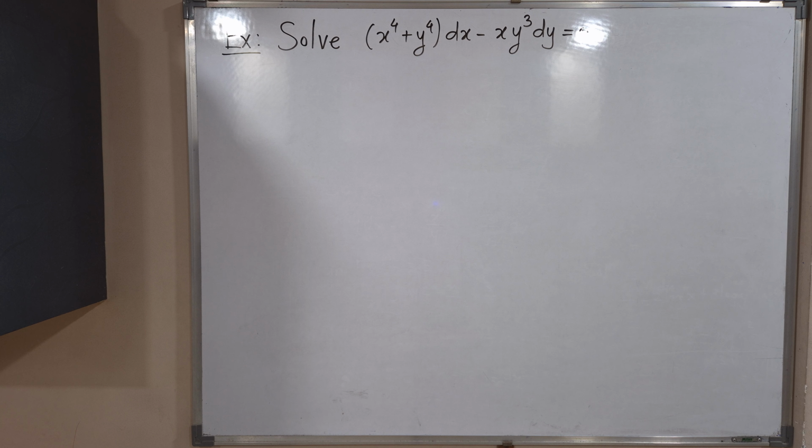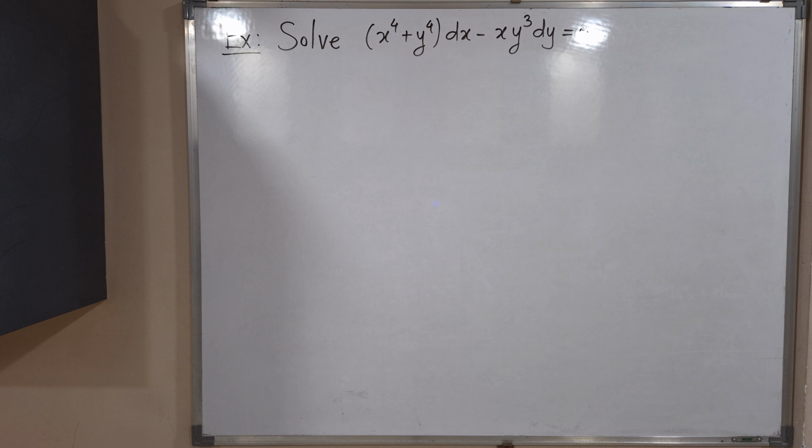Now we have to find the derivative of y raised to 4 with respect to y. We use the formula: the derivative of x raised to n is n x raised to n minus 1. Whatever the power, we write it first and reduce it by 1. The power is 4, so I write 4 here and reduce the power by 1, 4 minus 1 is 3. So the derivative is 4y cube. In this way, I got the first partial derivative.